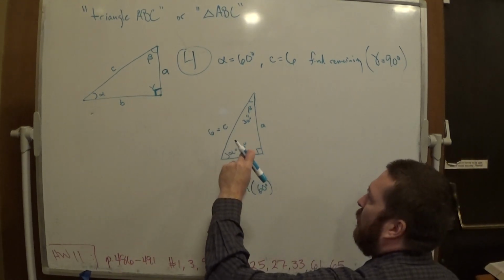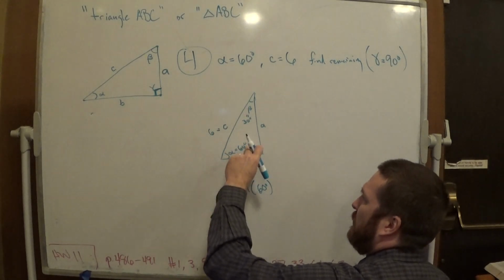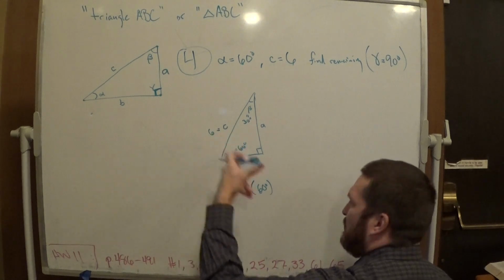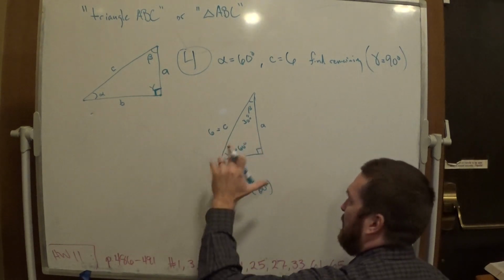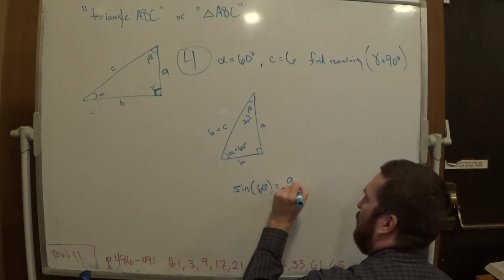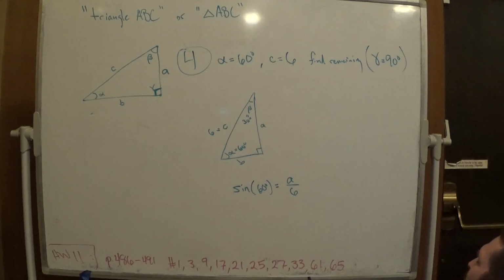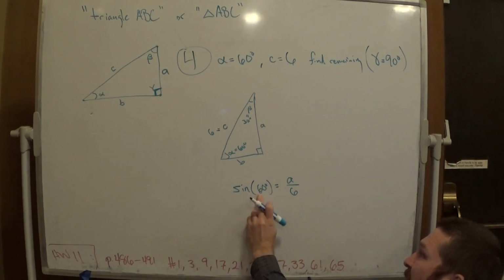This is a given. We have an actual given measure here. So I could say the sine of that angle is, by definition, opposite over hypotenuse. So I go A, the thing I'm looking for, over 6. But what is sine of 60 degrees?